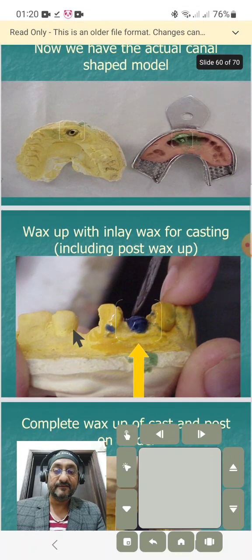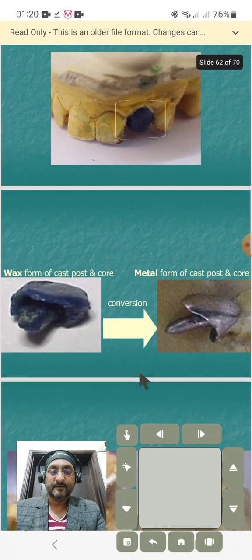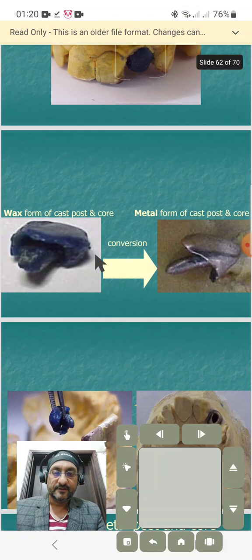Now we do the big wax-up here with casting, including the post wax-up, complete wax-up, cast and post on the model. You can see here when you take it out, this was the wax-up, and now it is converted to this.